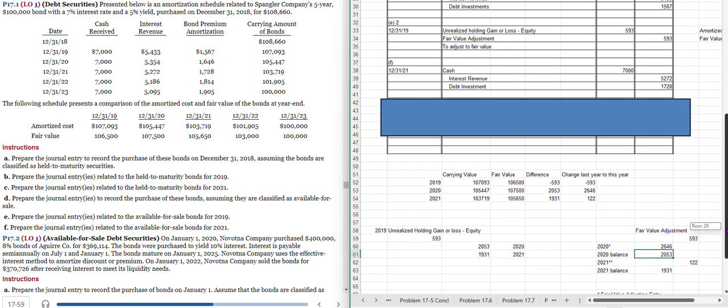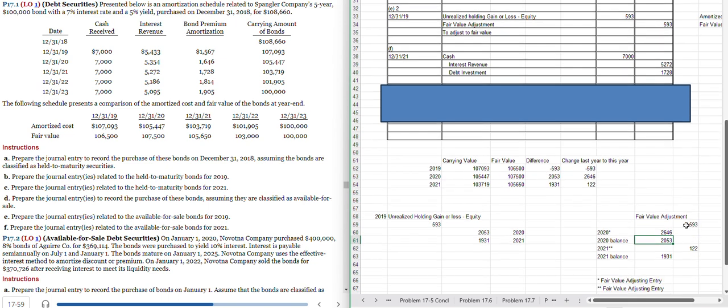In order to do that, to go from a credit balance of 593 to a debit balance of 2,053, we need to debit fair value adjustment in 2020 for 2,646.